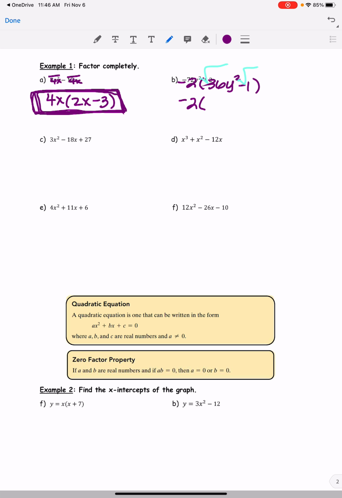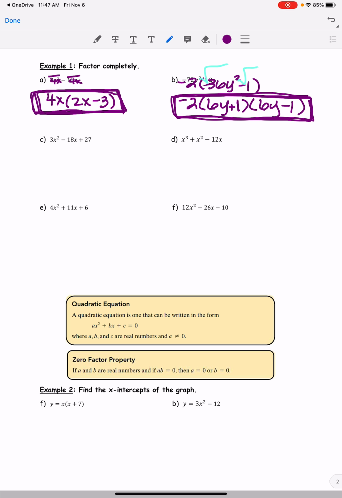So the square root of 36y squared is 6y. The square root of 1 is 1. And then you need 1 plus and 1 minus. Okay, so that's my final answer there. So typically when you get 2 terms, those are usually pretty easy.